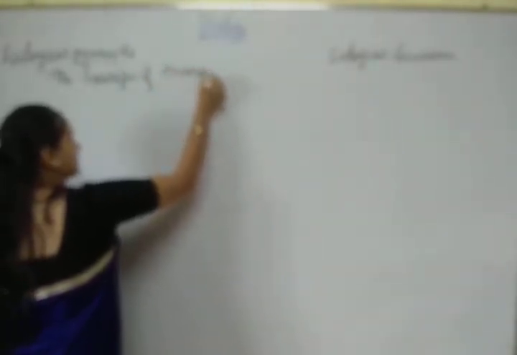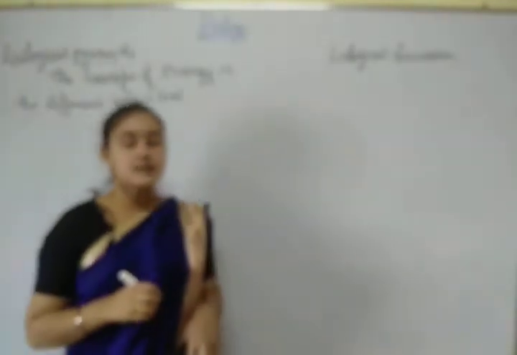Here the ecological pyramids are given on the basis of three types; the basis of this pyramidal construction is taken in the form of three types.